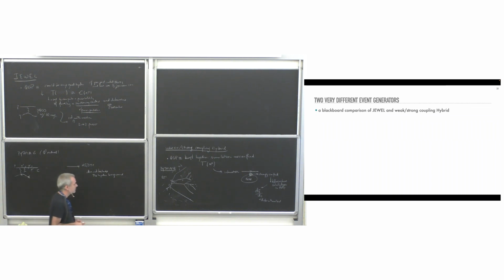Now, what happens to the energy I lost? What happens to these guys I scattered with? So we enter the realm of so-called medium response. In Joule, it's very simple.